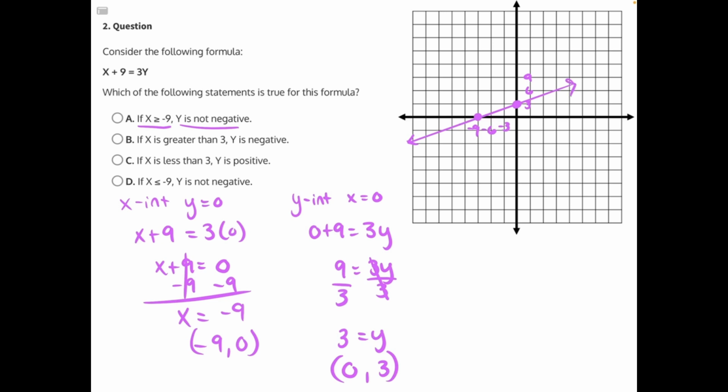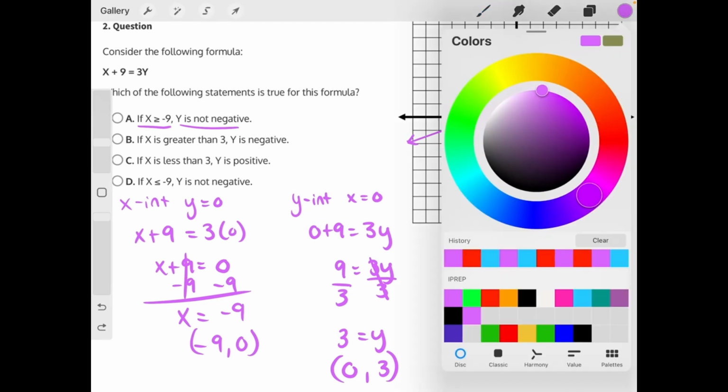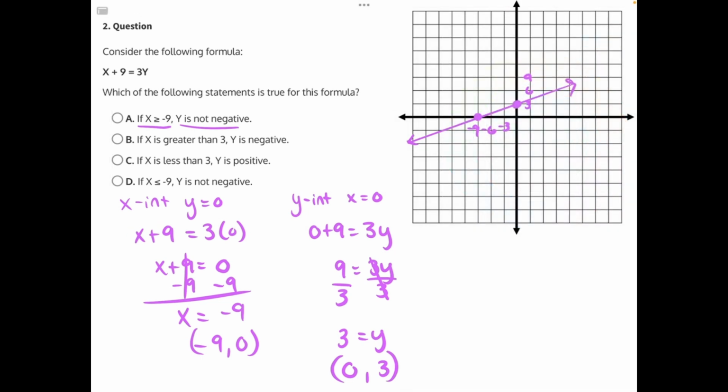So we know that everything above the x-axis is positive and everything below the x-axis is negative. So this turning point right here, our x-intercept, will be when our y values switch from being positive to negative and vice versa. So everything to the right of this point is going to be positive y values.